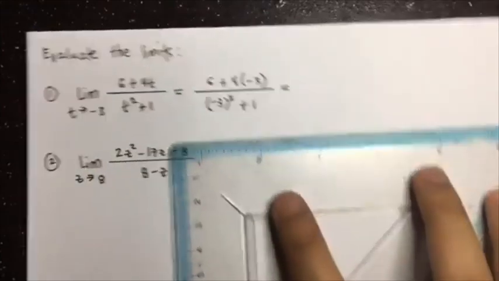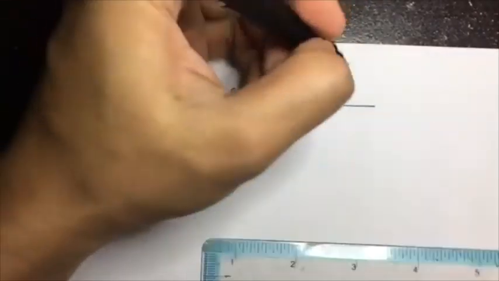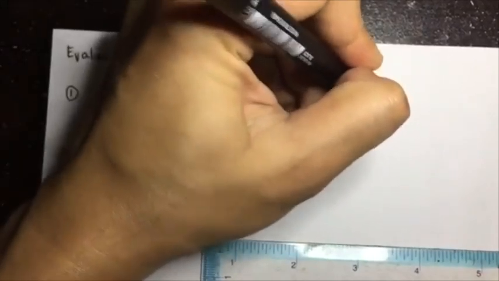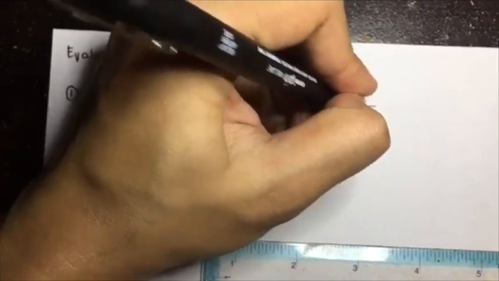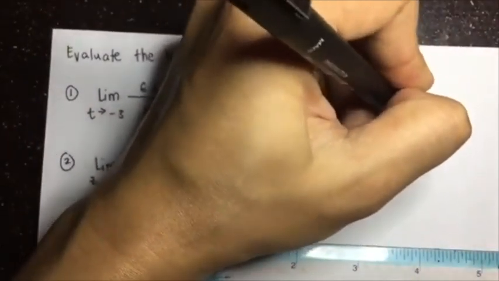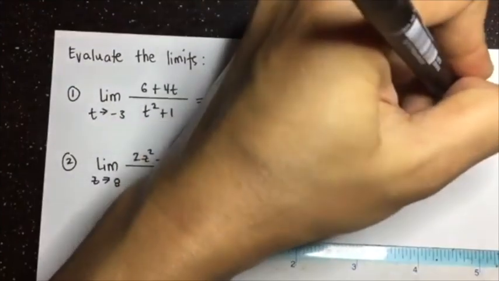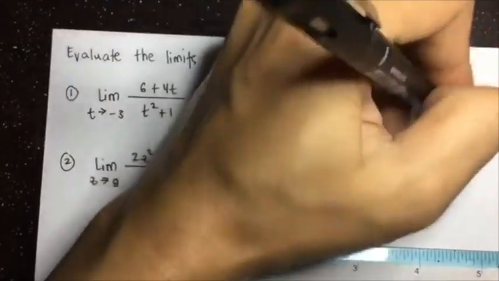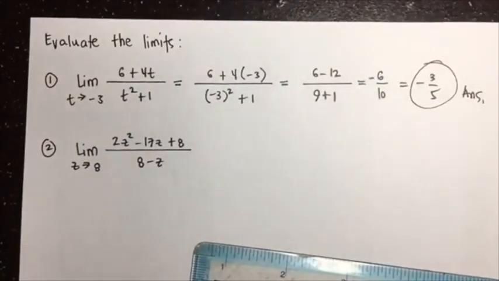That will become 6 minus 12 over 9 plus 1. So this is negative 6 over 10, or negative 3/5. Okay, so it's that simple and straightforward.